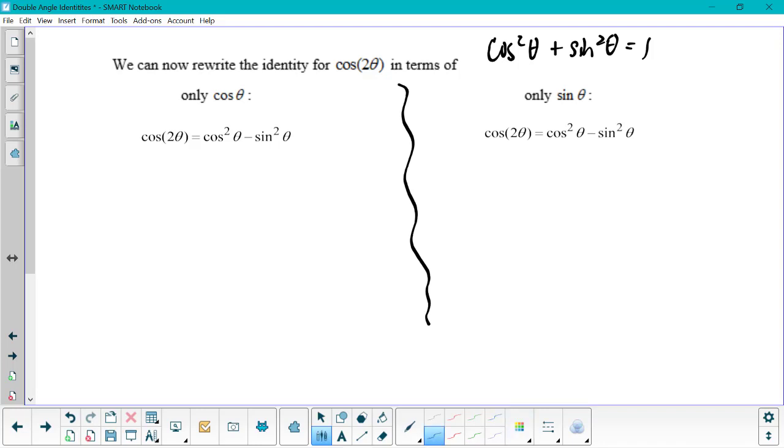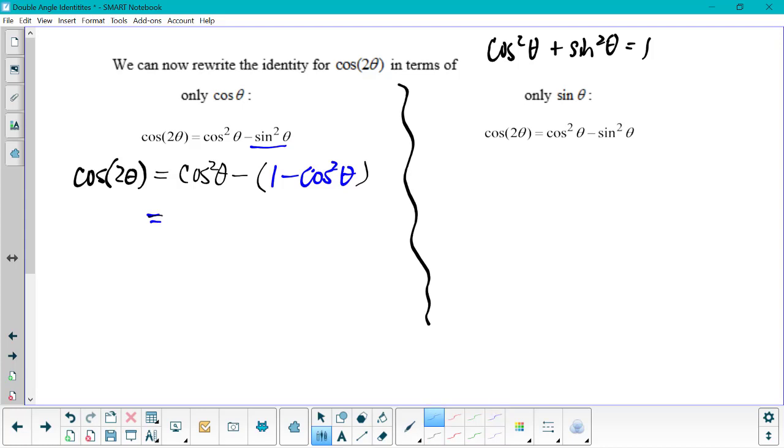Okay, so we're saying, I'm going to write this in terms of only cosine. So I'm going to replace sine squared theta with an equivalent form of my Pythagorean identity. So I have cosine squared theta minus, and remember sine squared theta is 1 minus cosine squared theta. So I can replace it, and now I just simplify that.